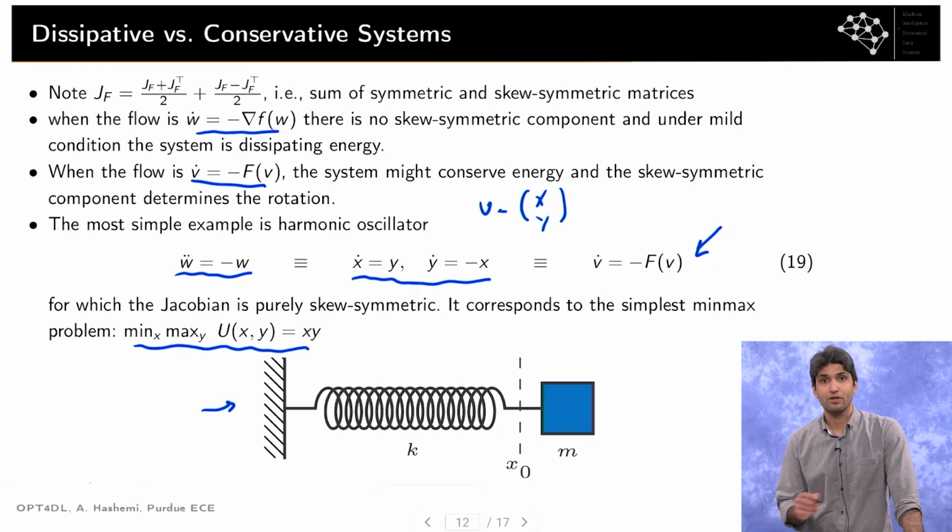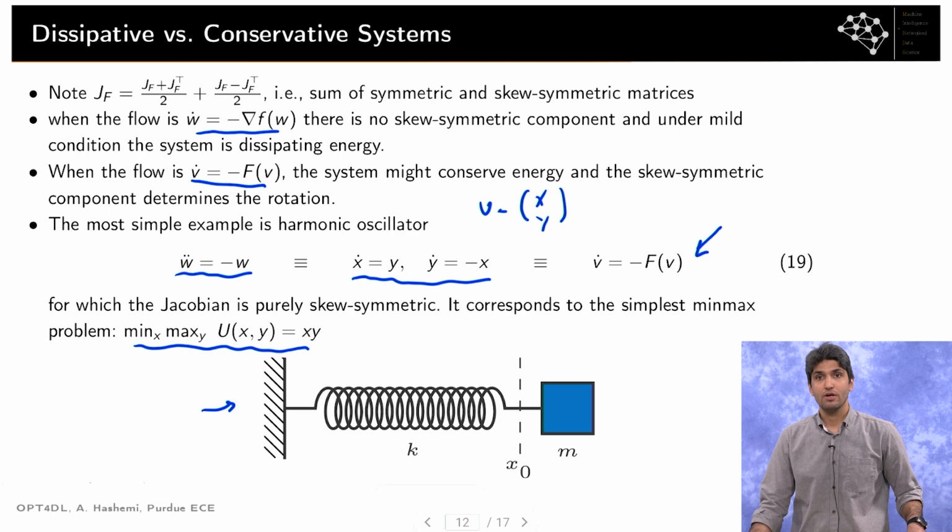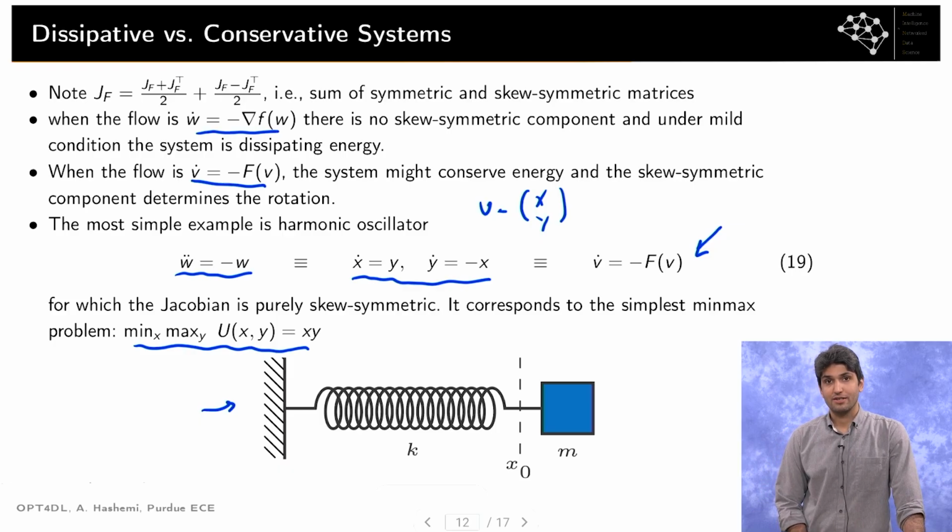So in this case, I have a flow that only has a skew-symmetric Jacobian. It means that there is some rotation happening, and I'm not going to gain useful information if I follow the direction of the flow locally. That's why we don't expect gradient descent-based methods to work well for min-max problems, such as this one.